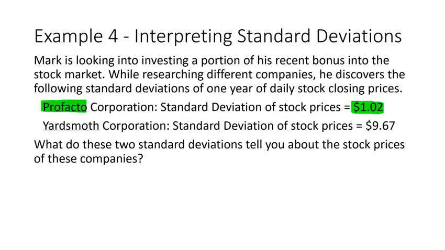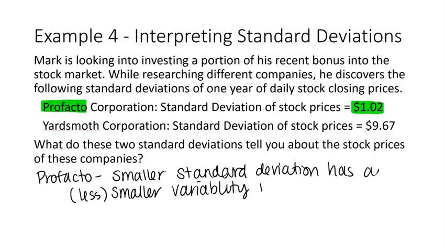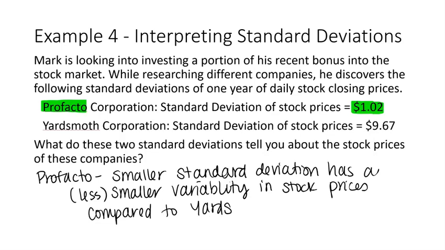So Profacto, with the smaller standard deviation, has a smaller variability, aka has less variability in stock prices compared to Yardsmith.